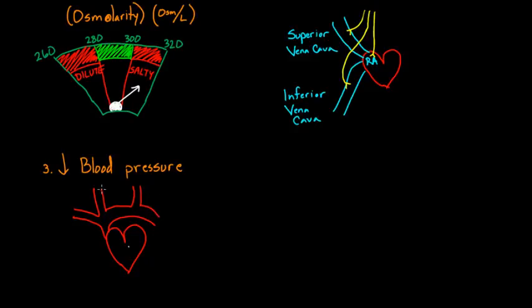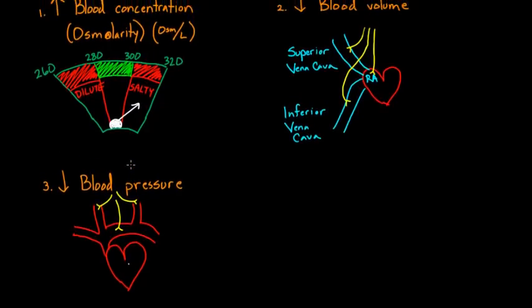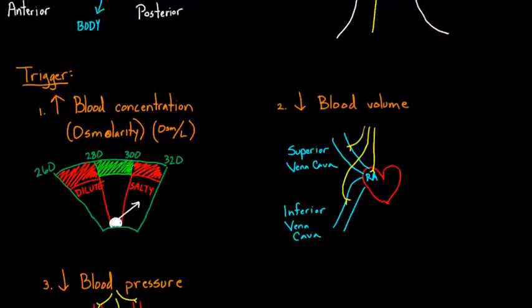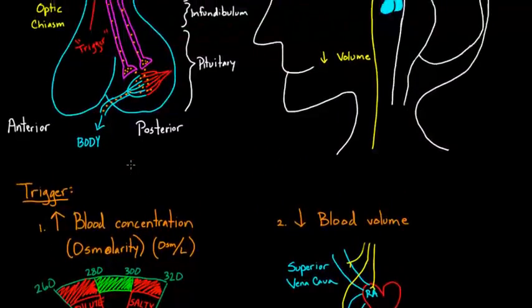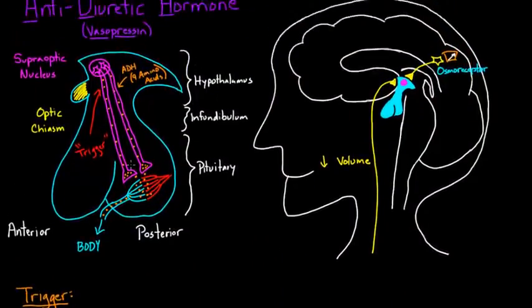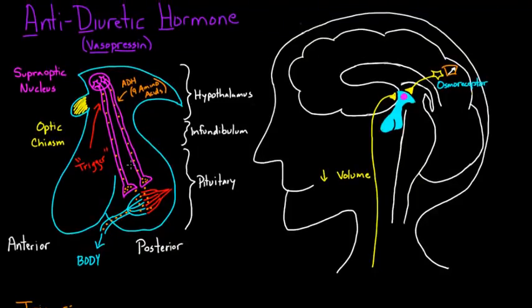And so we have baroreceptors that are in the aortic arch right there. And we also have baroreceptors that are in the carotid sinuses on both sides. So these baroreceptors are going to recognize when the blood pressure is starting to go low. And they're going to send a signal up to the brain to say, hey, again, we need to do something about this. Our pressure is low.